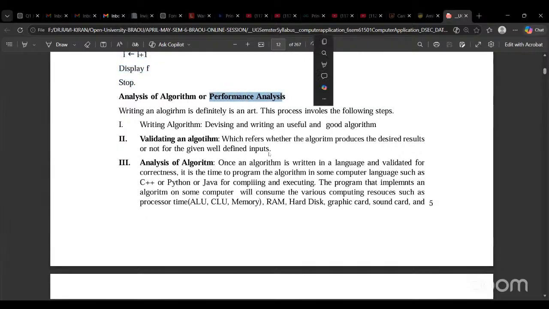Writing an algorithm is definitely an art. This process involves steps. First, devising and writing a useful and good algorithm. Then validate the algorithm, which refers to whether the algorithm produces the desired result for the given well-defined inputs.